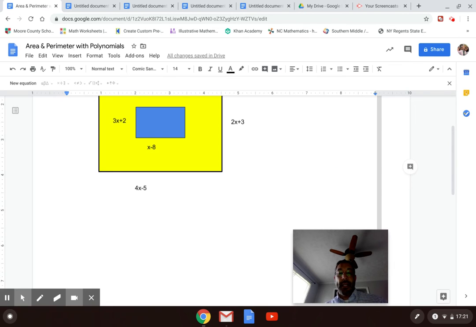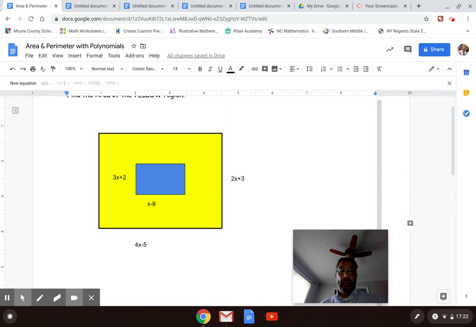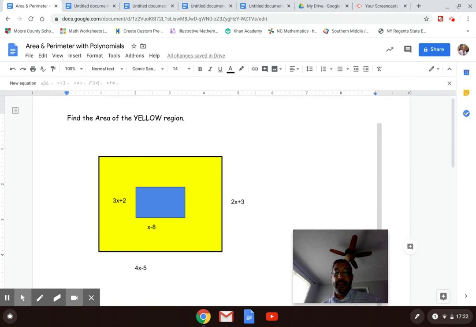All right, and then for our last example here, I have a shape that is a rectangle, and I have an area that is yellow and an area that is blue. And I want to find the area of the yellow region. Okay?